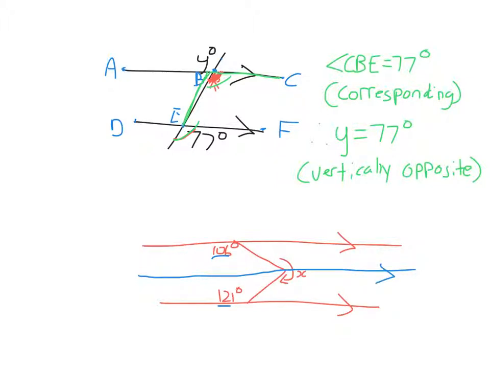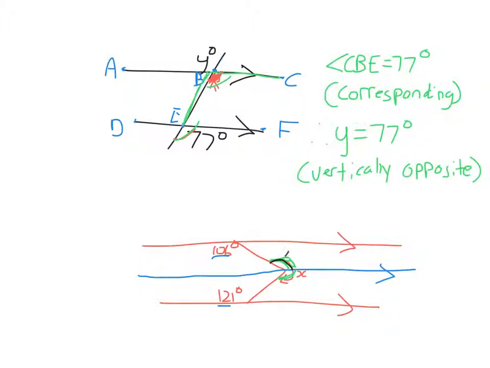I'm sorry for my poor drawing, but this line here is parallel because now I will be able to find this angle here very easily, and I will be able to find this angle here. So what I need to do is find a few more angles. Let's look at this angle here.